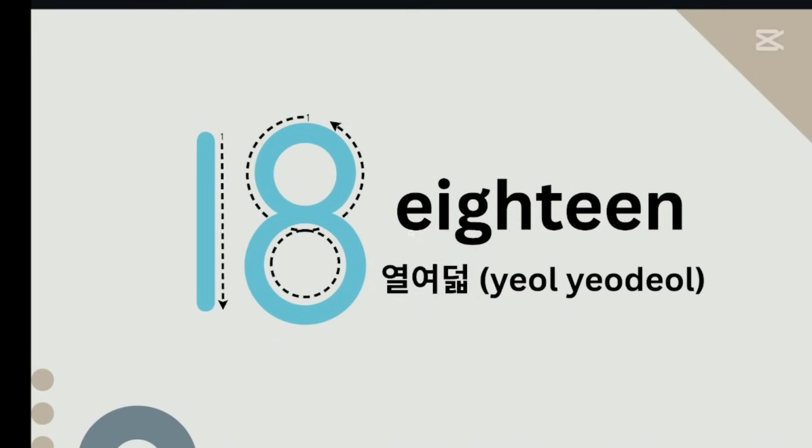So it's just connecting these two words, like E, I, G, H, T, and then followed by E, E, N. So 18. So again, we pronounce it like 18. The G and H are silent.